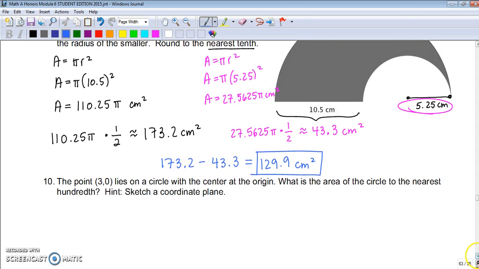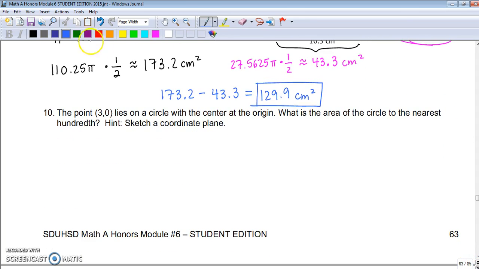Last question on this page. We have a graph with a point lying at 3, 0, which is on the x-axis to the right 3 units. We have a circle that also has its center at the origin, and so we're talking about a diagram similar to this, where this is the radius, which is 3 units.